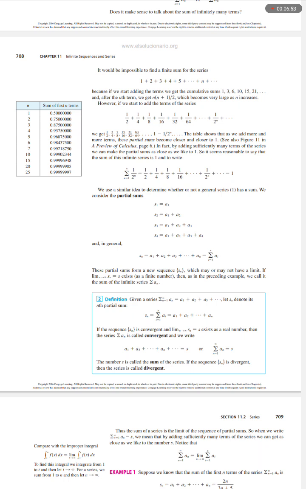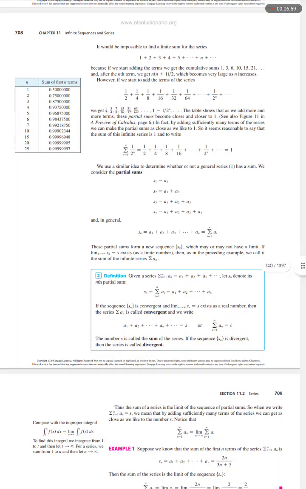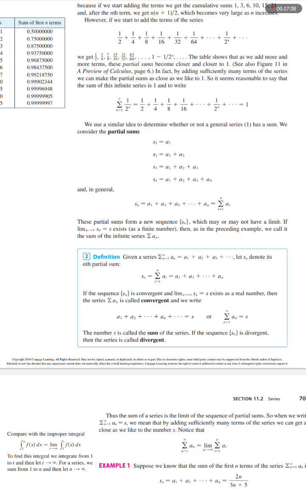Definition 2. Given a series, the sum from n equals 1 to infinity of a_n equals a_1 plus a_2 plus a_3 and so on, let s_n denote its nth partial sum: s_n equals the sum from i equals 1 to n of a_i equals a_1 plus a_2 plus all the way through a_n.